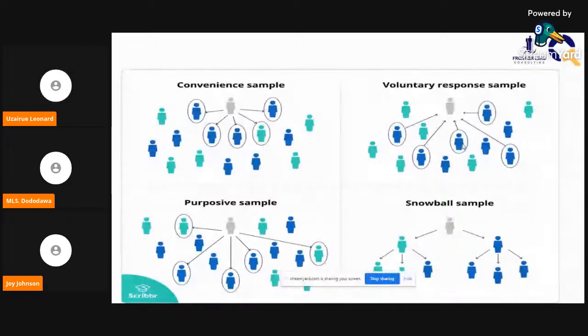Now, I may not be able to go to Borno State, but I may still decide to do that study in Borno State. So what I do is look at people in Borno who I feel are experts in my area. Then I recruit them as my initial sample. Then they will recruit the people at the grassroots. I don't know if you are getting that.